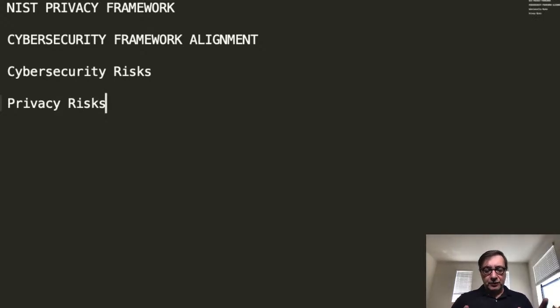Okay, so let's go back to this. Remember the Venn diagram: there are two circles, and there is an intersection between those two circles, and that intersection is what the framework focuses on, the interface between cybersecurity risks and privacy risks. Now let's look at it with a slightly different perspective, about cybersecurity framework alignment.